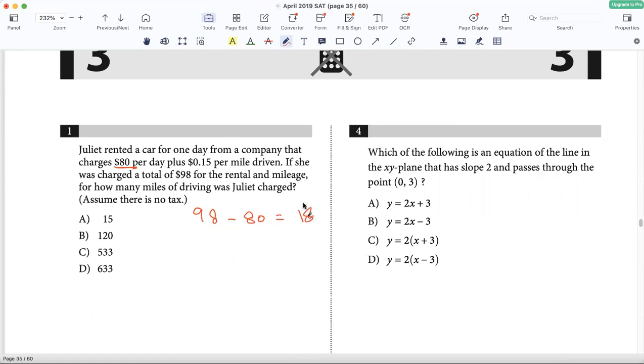So we get 18 and 0.15 per mile driven. So let's say she drove X miles, then 0.15X should be 18. So X should be 18 by 0.15, which is 1800 by 15. So 15 ones are 15, 120.